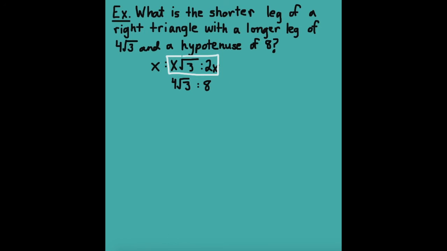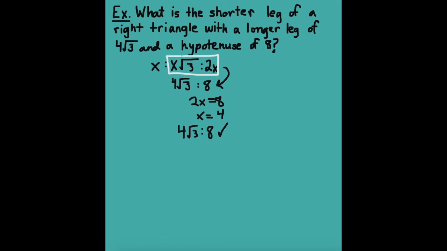When we set the two hypotenuses equal to each other, we get 2x equals 8, and therefore x equals 4. Therefore, on the top we will get 4 root 3 to 8, which is the same ratio as the problem says. Therefore, this is a 30, 60, 90 triangle.